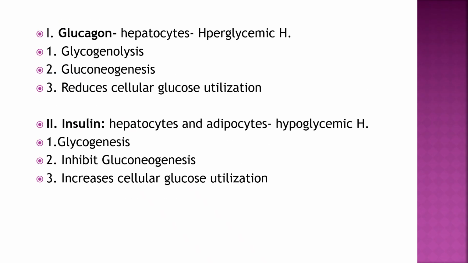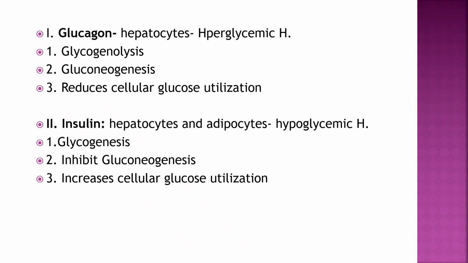The glucagon secreted from the alpha cells acts on the hepatocytes, and it is a hyperglycemic hormone. By the mechanisms of glycogenolysis and gluconeogenesis, and by reducing cellular glucose utilization, it increases the blood sugar.